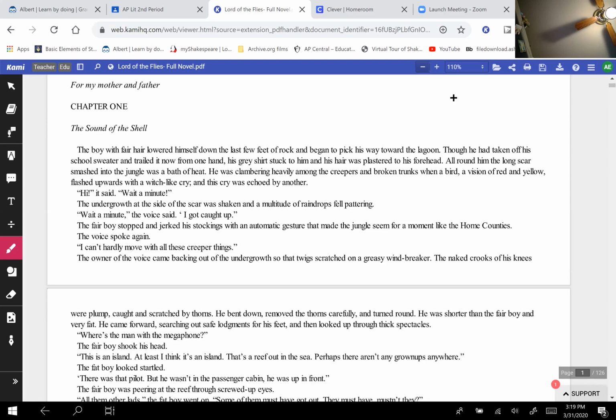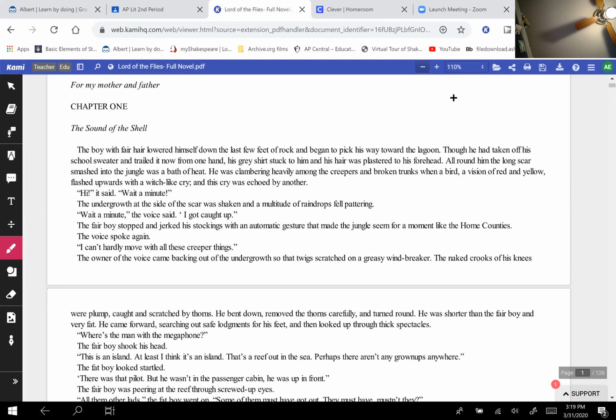The idea of British schoolboys, especially if they're coming from a prep school where they were wearing uniforms. So what we start off with are young boys who, based on the stereotypes of the British, were very proper, very well behaved. But at the same time, you're also dealing with young boys. I believe the oldest is Ralph, the main character, and he's 12. So the oldest is 12, and they go all the way down to like 5 or 6 years old.